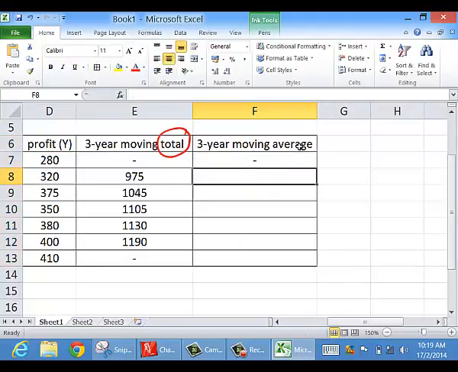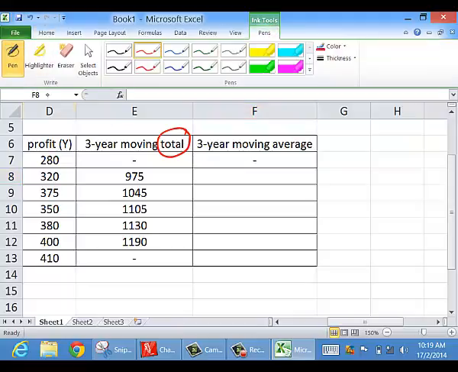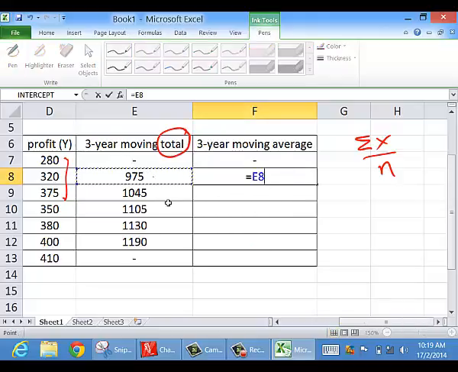For the second value, 975, how many observations are included? There are 3 observations included in the 975, from 280 until 375. To calculate the average, the formula is the summation of x divided by n, the number of observations. The number of observations equals 3, so this value is divided by 3.